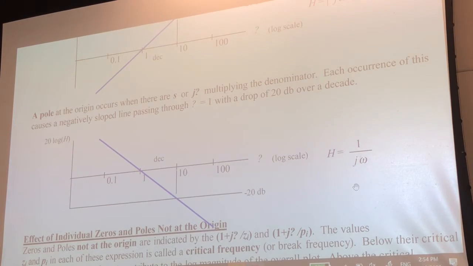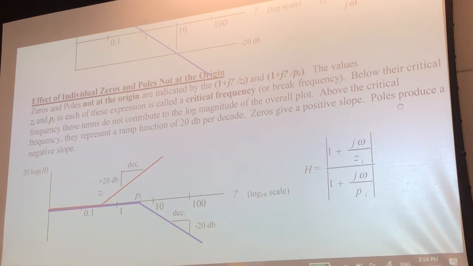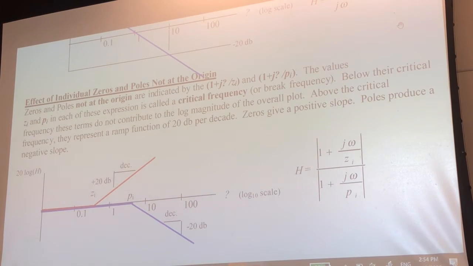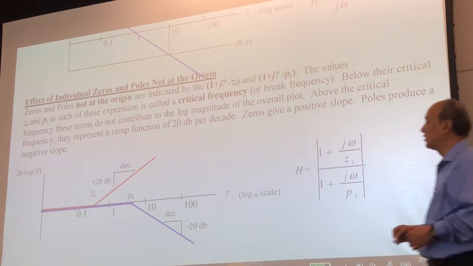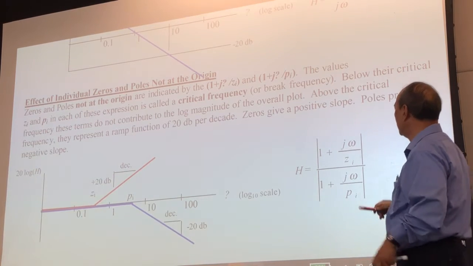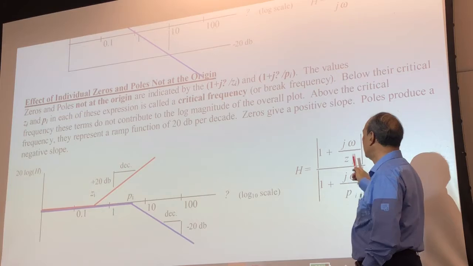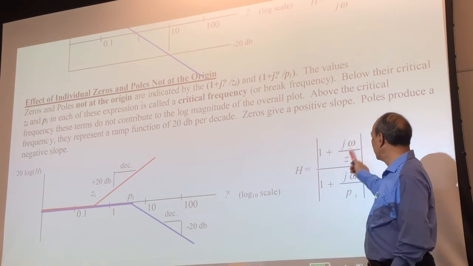This one is a little bit involved. Please be aware. Effect of individual zeros and poles not at the origin. If they are not at the origin, okay, then we are dealing with this one. Okay, we always deal with this one. So this is omega divided by omega.